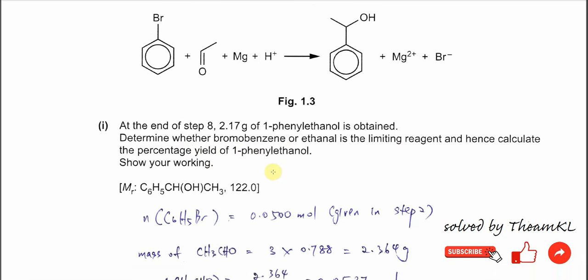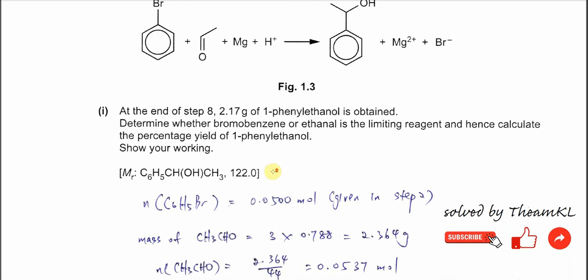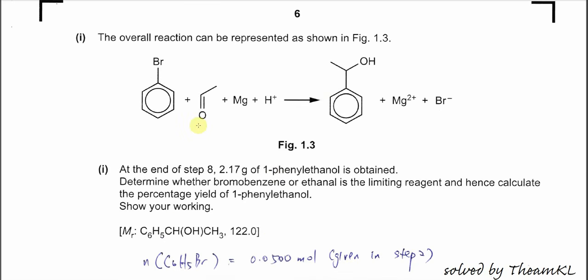In order to do this, you need to at least get the mass, and after that get the mole. From this equation, all the reactants are actually in a 1:1 mole ratio.